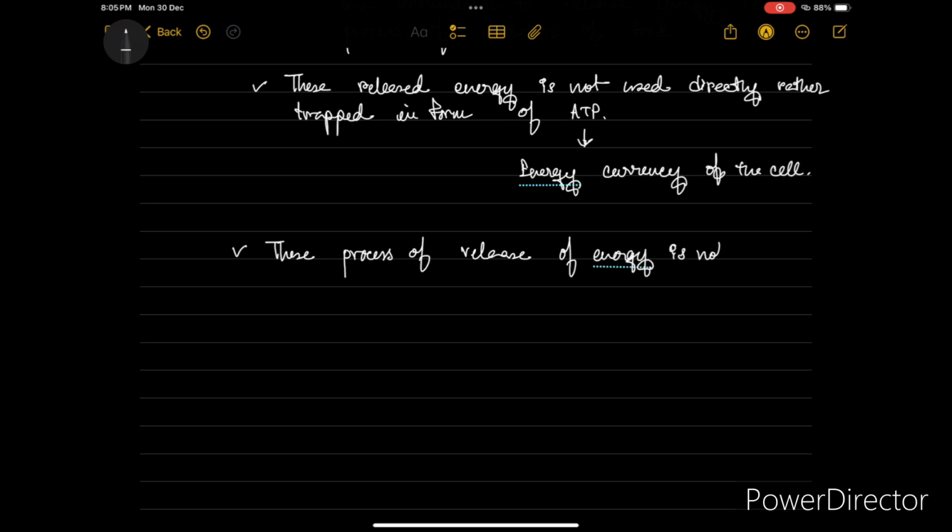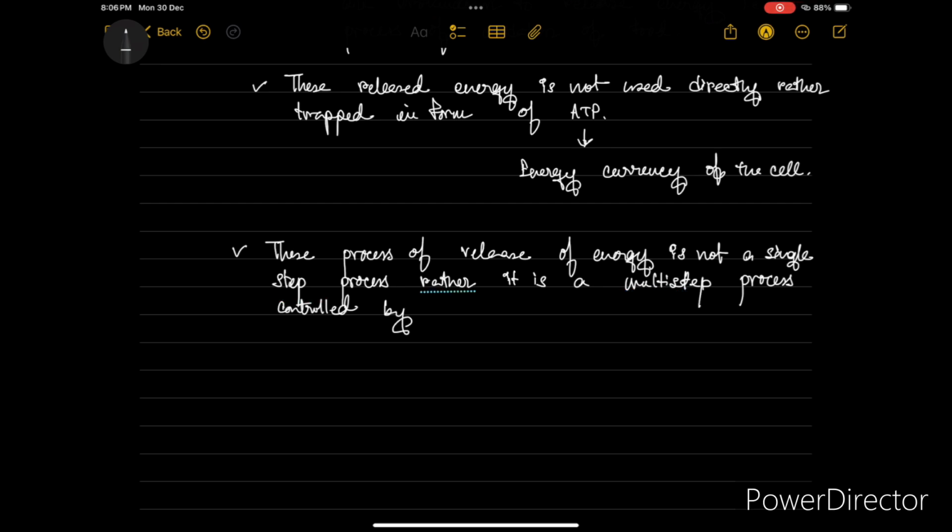Rather, it involves multiple steps, and each and every step is catalyzed by different enzymes. So at the end of the definition of respiration, it can be said that respiration is an enzyme-catalyzed multi-step process where all the food materials are broken down or oxidized to release energy in the form of ATP.